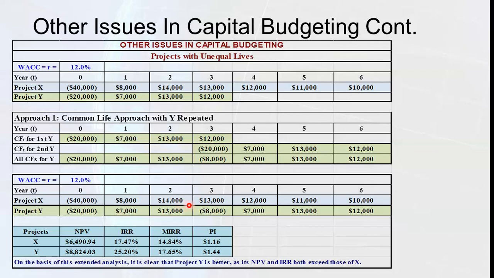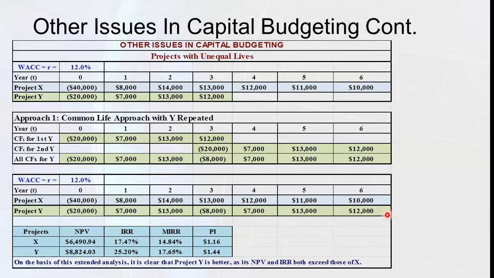IRR has a problem here for the second project, because this is a non-conventional cash flow, so we have multiple internal rates of return. The financial calculator and Excel's IRR function give the lower one. To find the higher IRR, you have to put in a guess. So this is one approach, the common life approach.